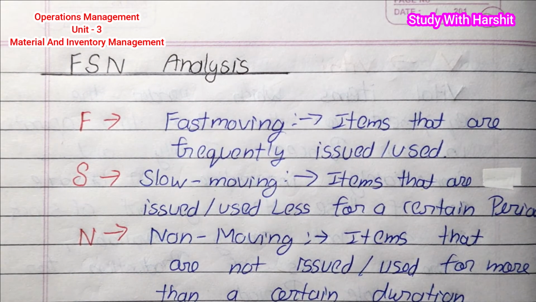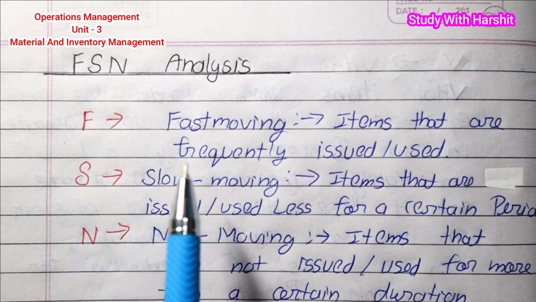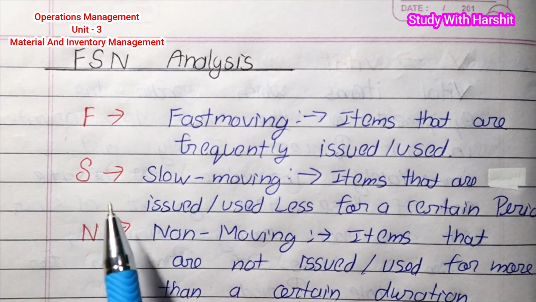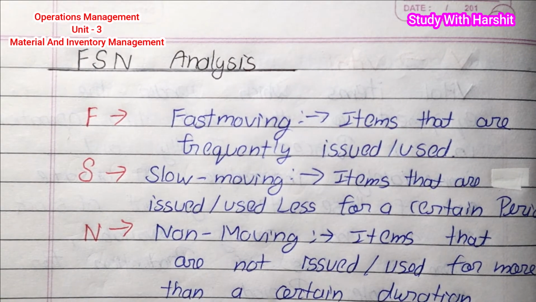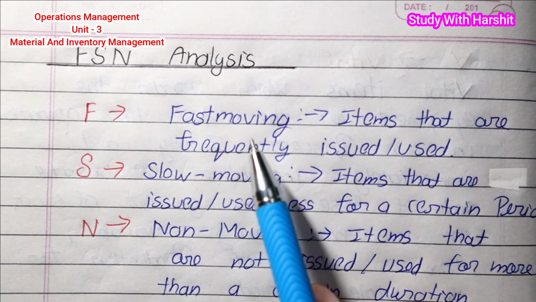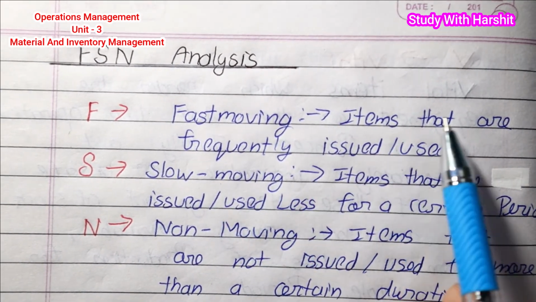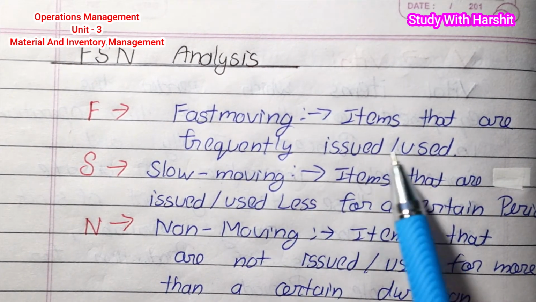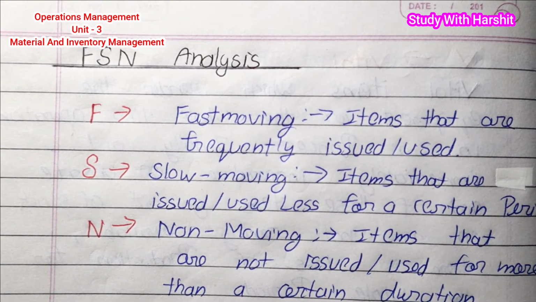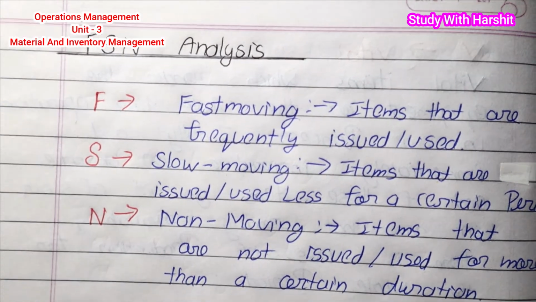FSN analysis. F stands for fast moving items that are frequently used. S stands for slow moving items that are used less over a certain period.